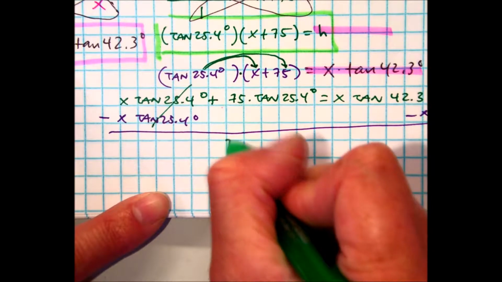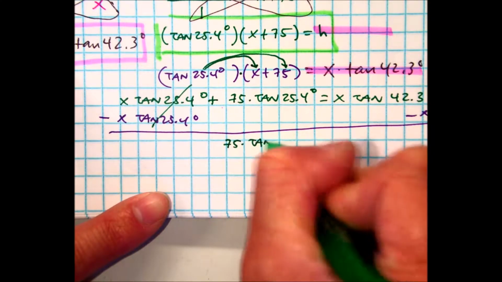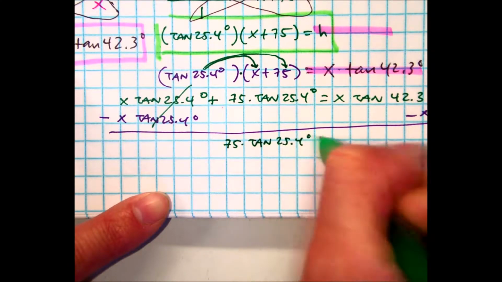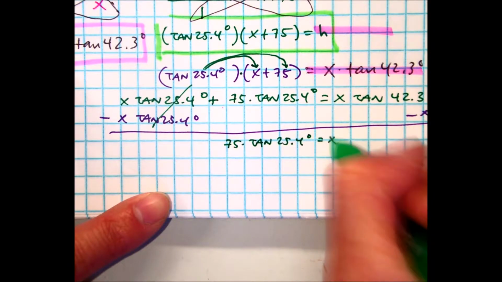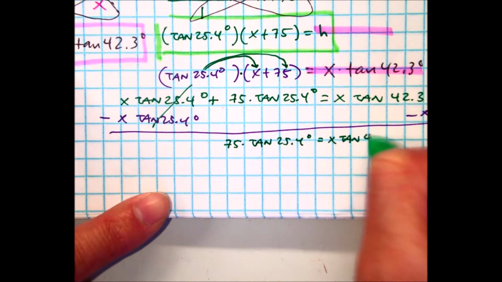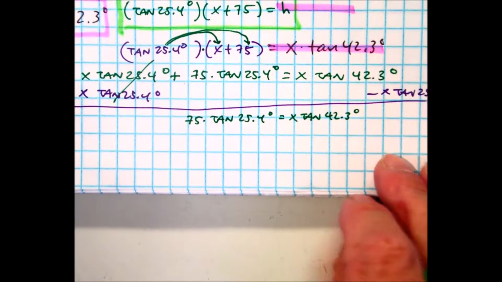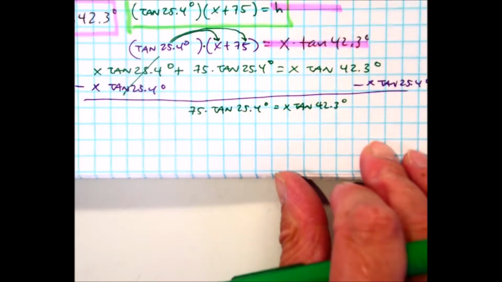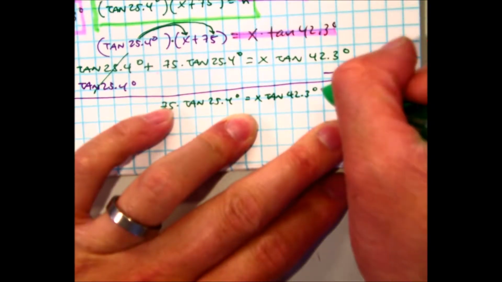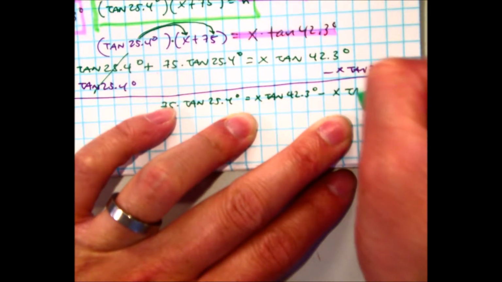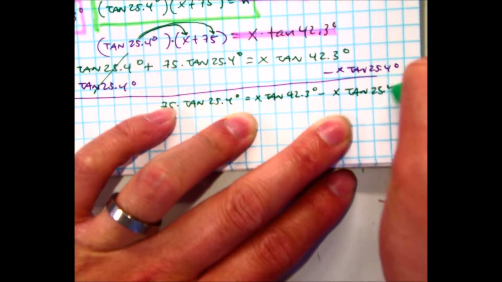I'm left with 75 tan 24.4 degrees equals x tan 42.3 degrees minus x tan 24.4 degrees.